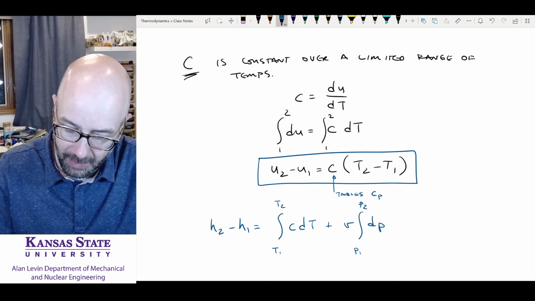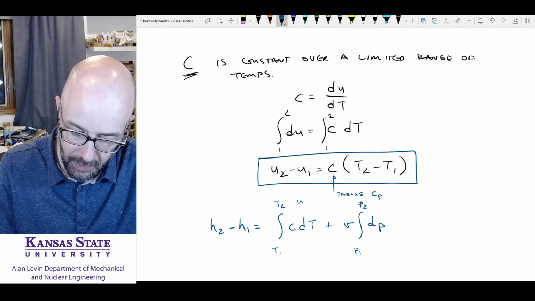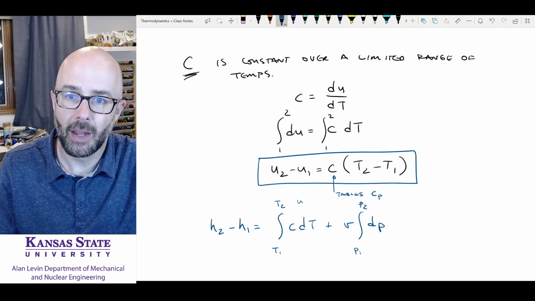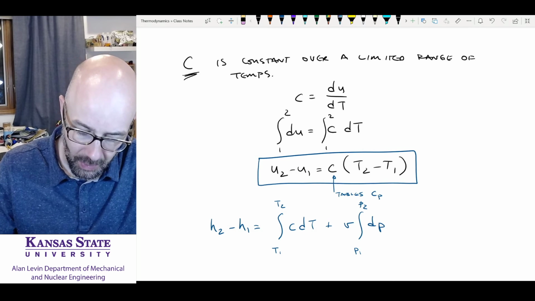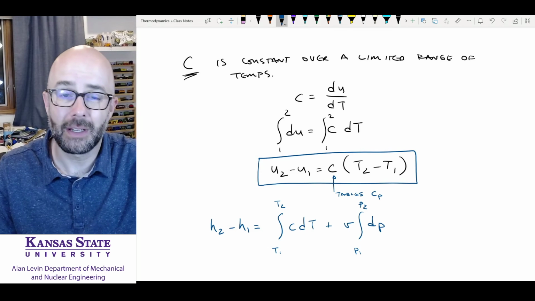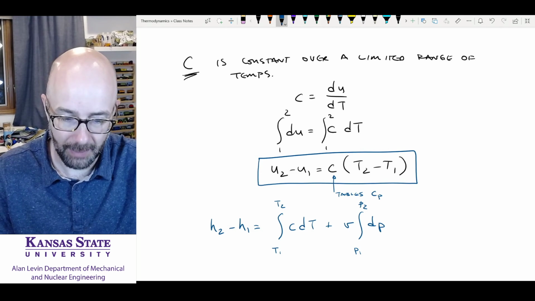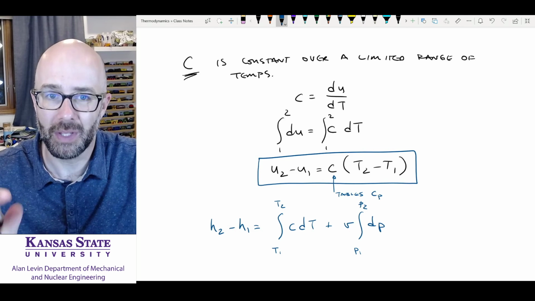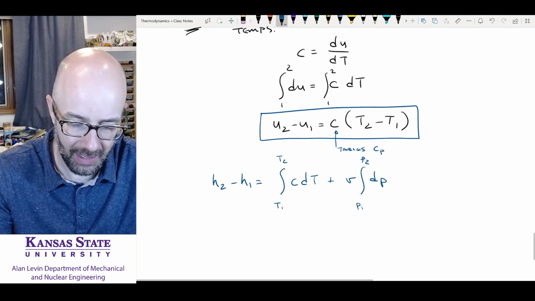So remember, this is basically U plus PV. Here's U, U is up here. Here is PV. And remember, volume is constant, so that comes out here. Just waving my hands over this a little quickly because we're getting to the end of the lecture.